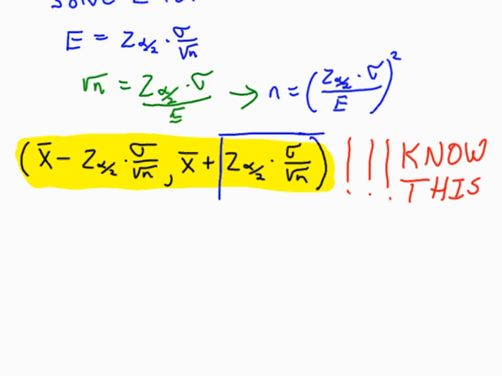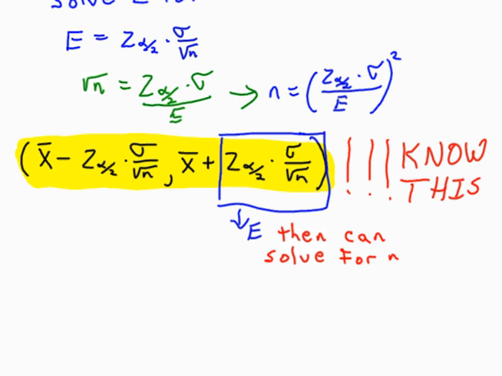This is the error amount. If I know my confidence interval formula, I know my error amount. If I know my error amount, then I can solve for n to get the appropriate sample size.